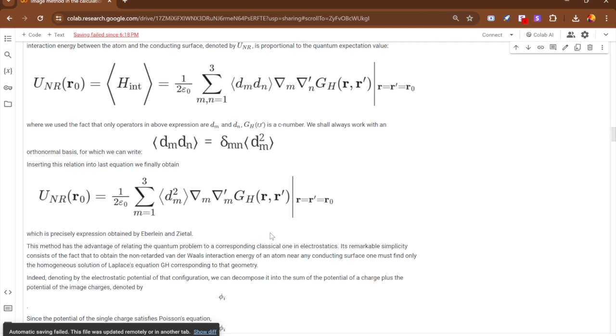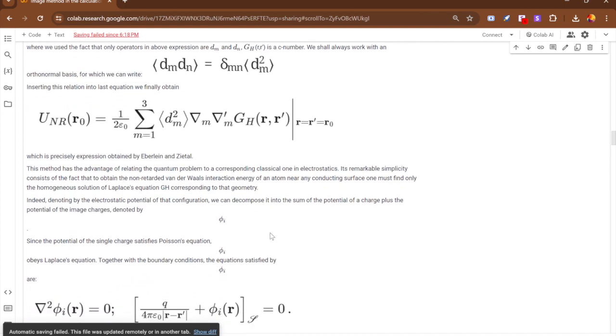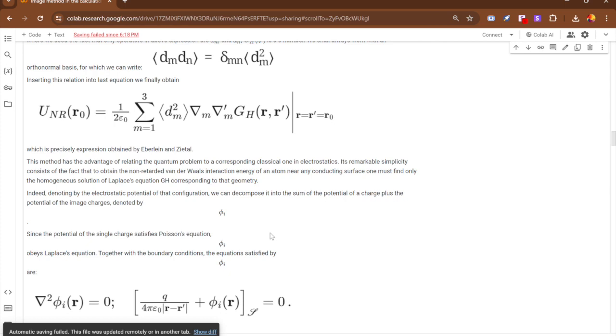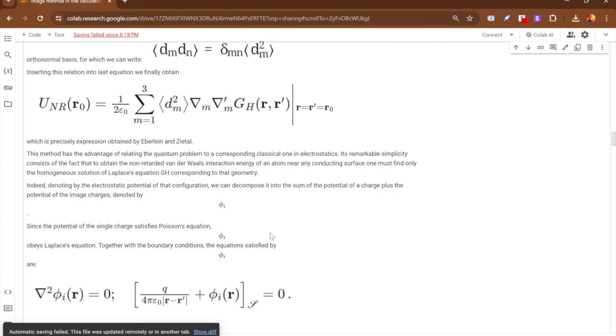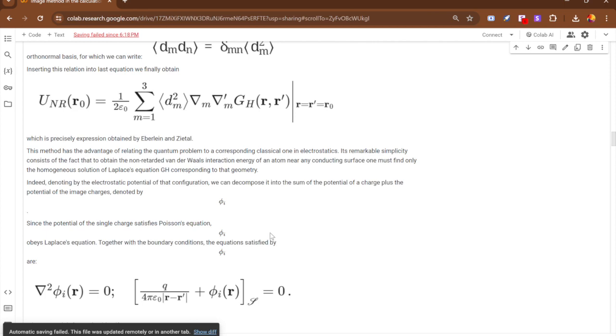And indeed, denoting by phi the electrostatic potential of that configuration, we can decompose it into the sum of the potential of a charge plus the potential of the image charges. We will denote the image charge potential by phi I. Since the potential of the single charge satisfies Poisson's equation, phi I also obeys the Laplace equation.